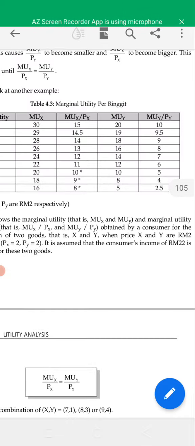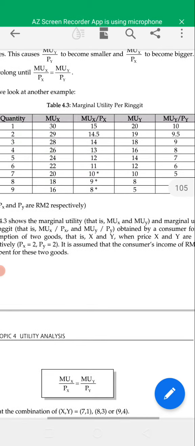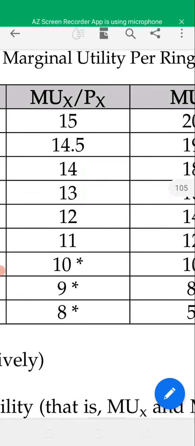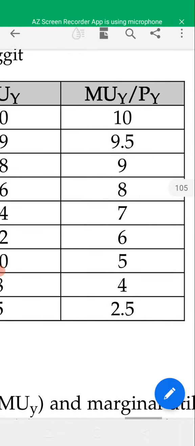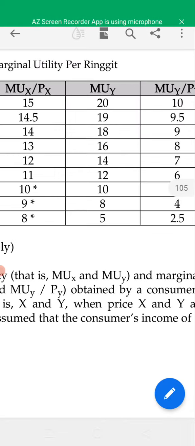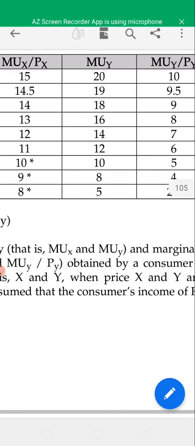So now how do you get this point? I want you to pay very close attention here. Your focus is only going to be on this MUX over PX column and the last column here. Let's look closely at these two, since our interest is just to meet this condition.